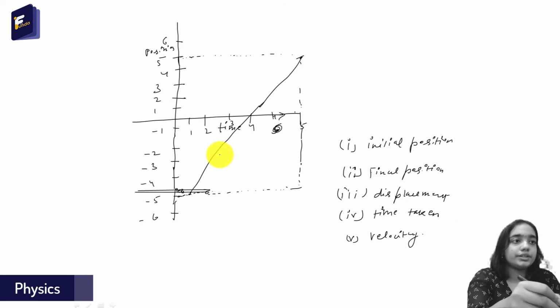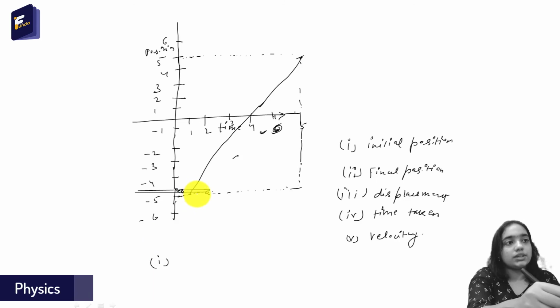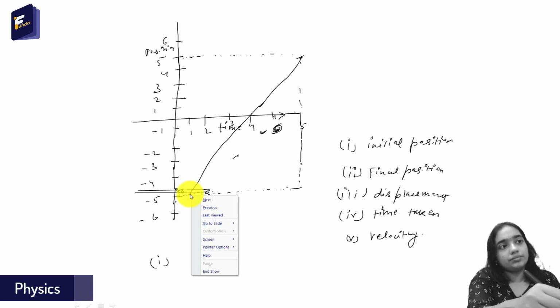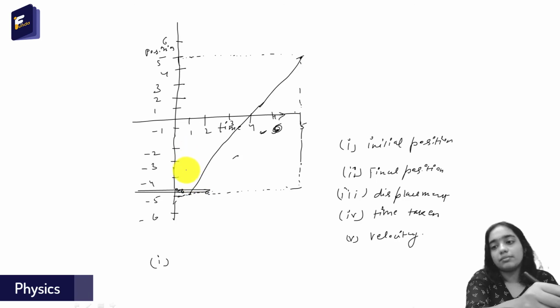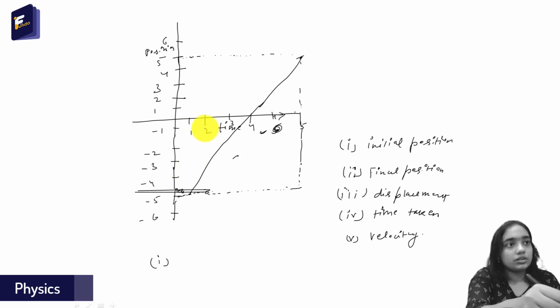Okay, so let's go to the solution. What is the initial position? You may see that the particle has started from here, at a time of 2 seconds. Sorry, it is 2 here.